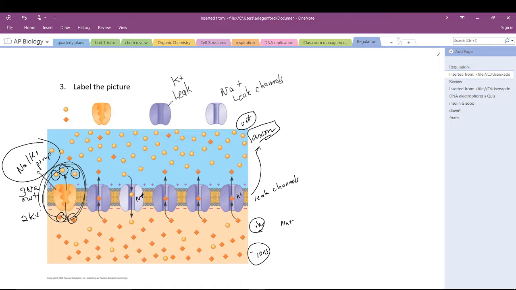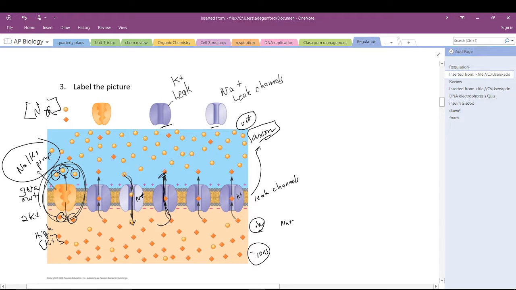That's a separation. Now, you also have leak channels, and the leak channels are these openings in proteins that allow the ions to drift through. Because think about it, what we've just done is created, if this continues, a high potassium concentration on the inside of the axon and a high concentration of sodium on the outside, which means that if they're allowed to, they're going to drift back over according to their concentration gradient.